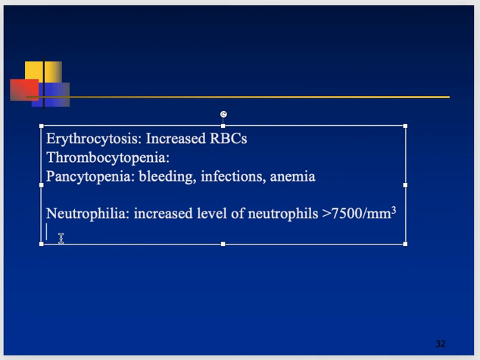Lymphocytosis means what? Increased level or count of lymphocytes, which of course occurs in viral infections, as I told you, and in tuberculosis as well. And lymphopenia means decreased level or count of lymphocytes, less than 1,000.